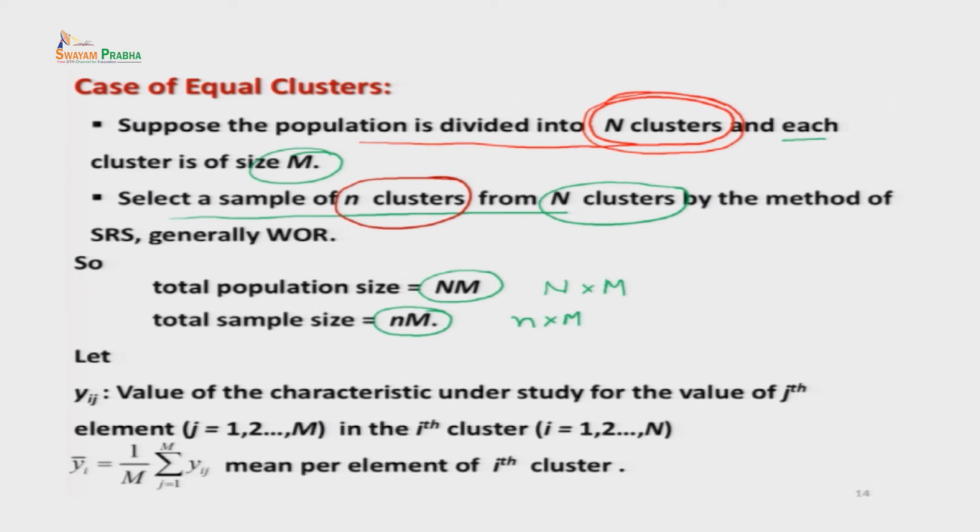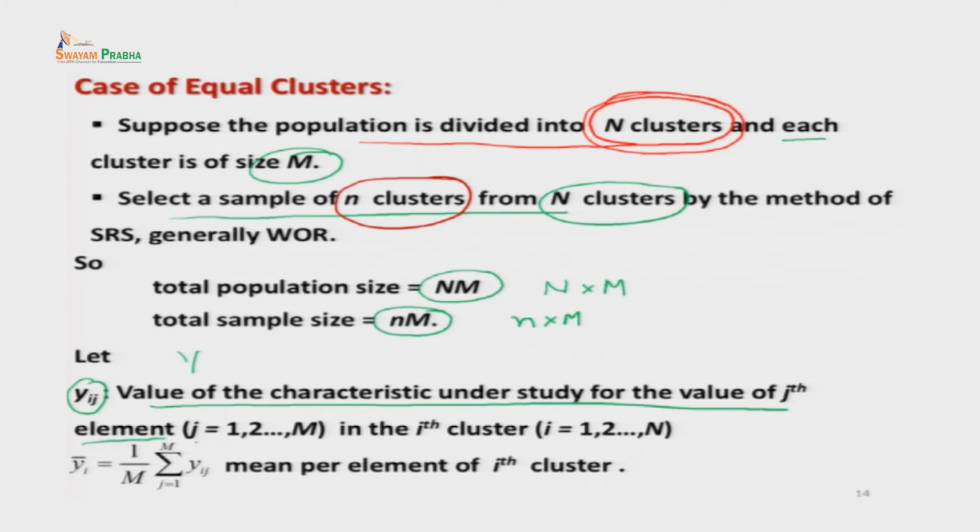Now obviously, suppose y is the variable under study, so the observations on y have to be indicated by two subscripts. One for the cluster number, and second for the unit inside the cluster. So let small y_ij be the value of the characteristic under study for the jth element.